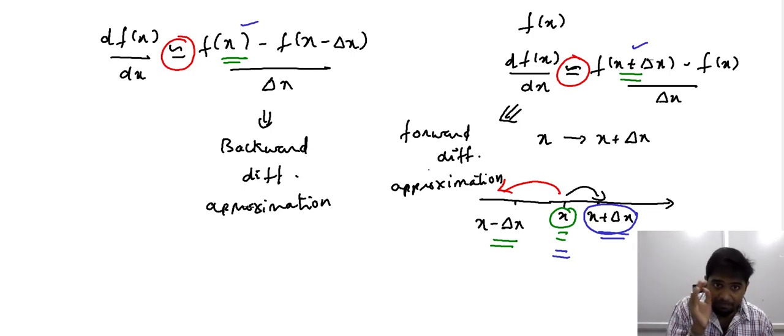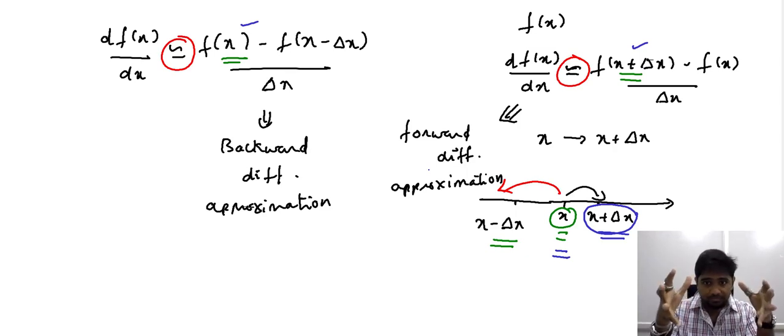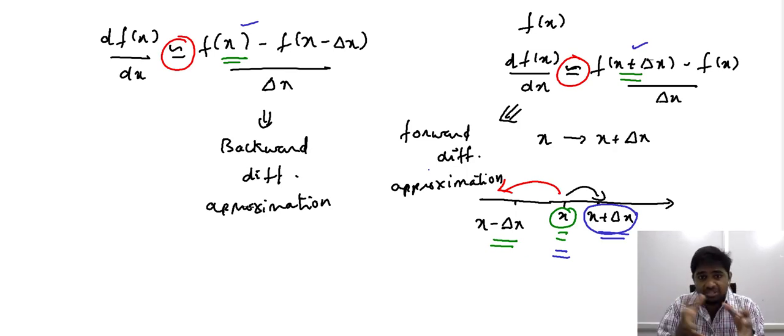Now when you impose a given condition, it is also possible for us to arrive at a quantitatively precise value for the derivative of a function at a given point, regardless of which approximation we consider. We will be able to arrive at the same answers using both these approximations here.